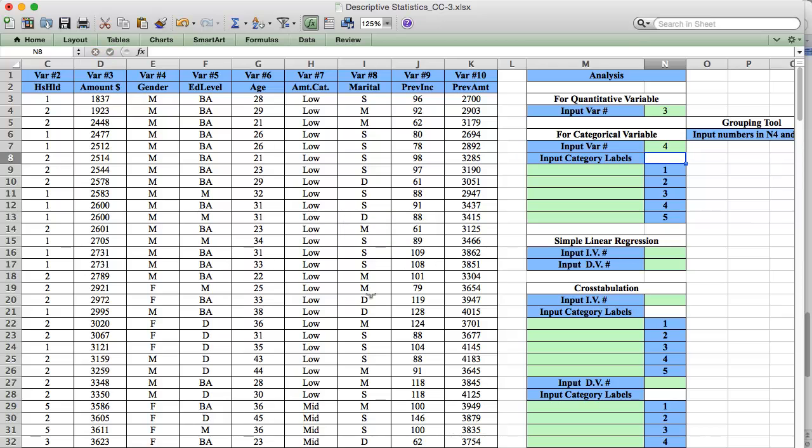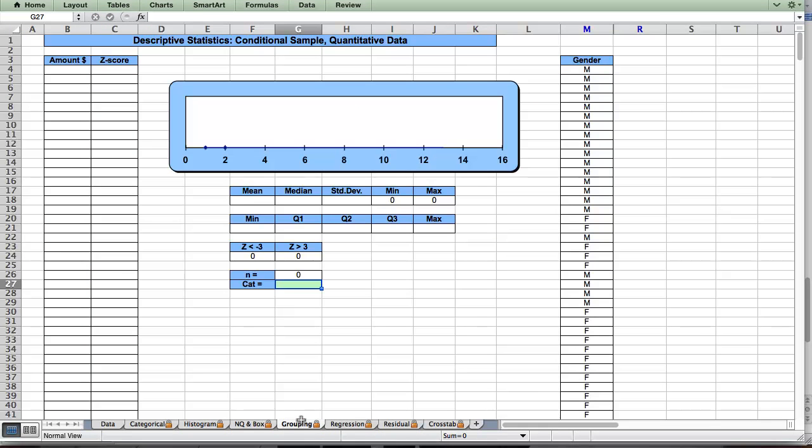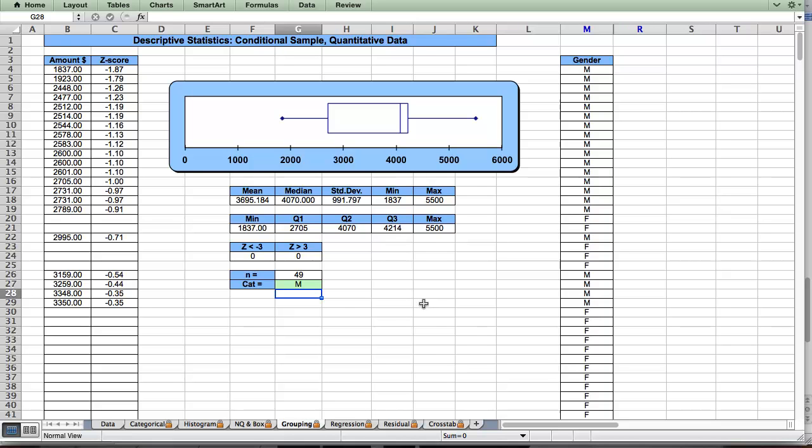Our worksheet tab grouping does the rest. We just need now to specify the grouping category, such as M. And you can see again, we very simply can copy our table. Here we have no strong skew, no clear outliers according to the z-scores.